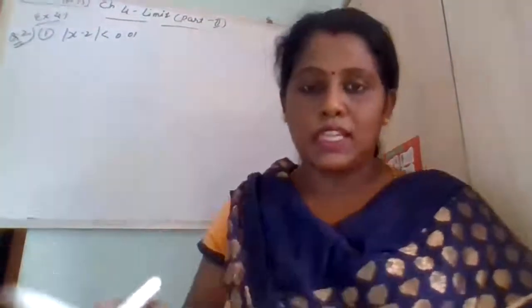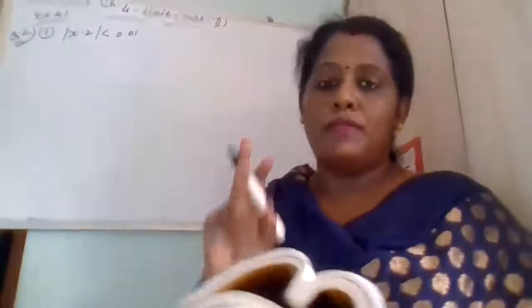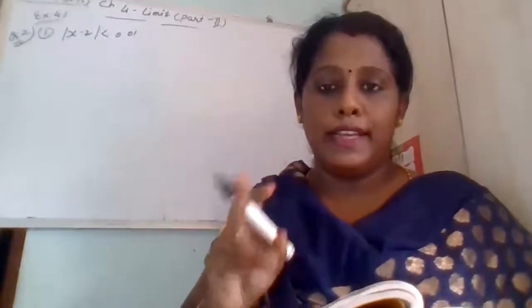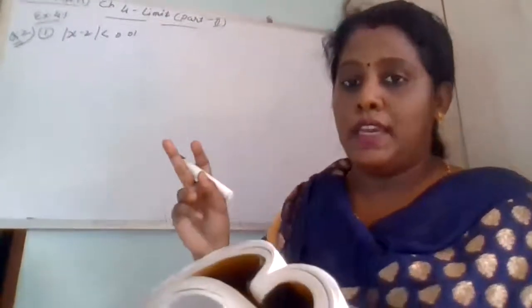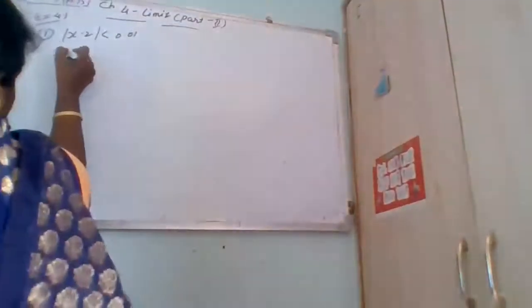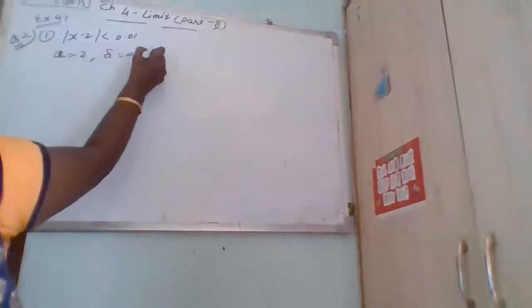The first question is modulus of x minus 2 less than 0.01. According to the formula, modulus of x minus a less than delta, in place of a we write a equals 2 and delta equals 0.01.